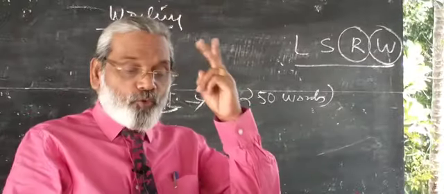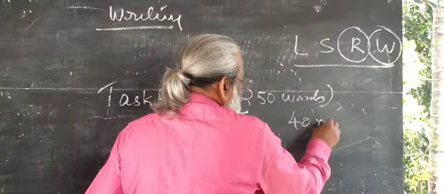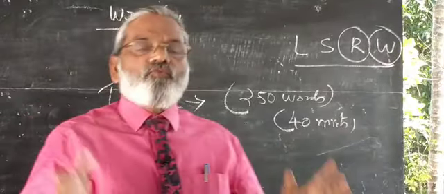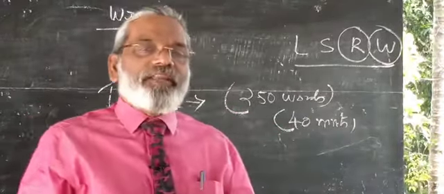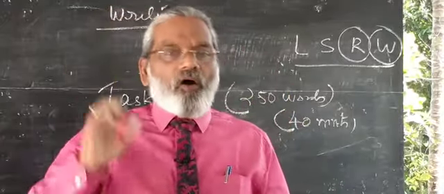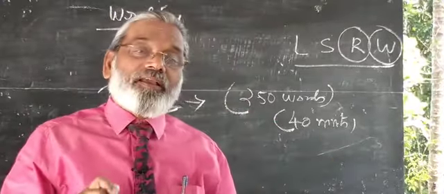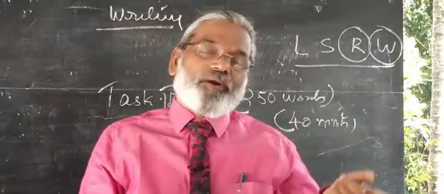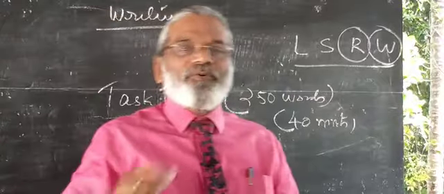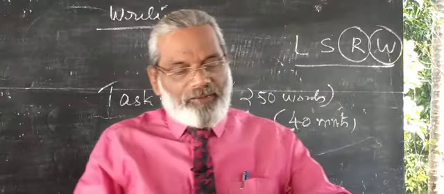Task number 2 is 250 words, for which you can use almost 40 minutes. 40 minutes plus 20 minutes makes 1 hour. The second task will be more difficult than the first one, so you will have to face 40 minutes there. You have to write 250 words, and the number of words is compulsory.